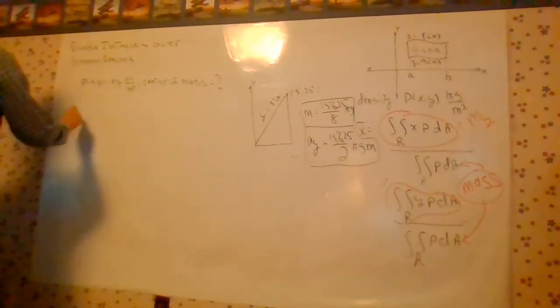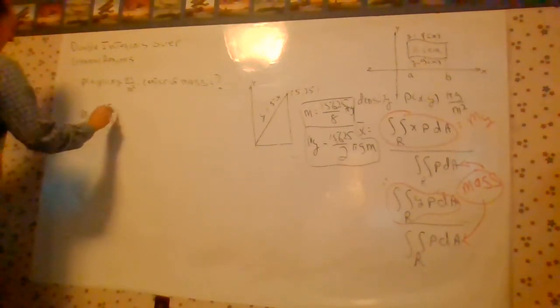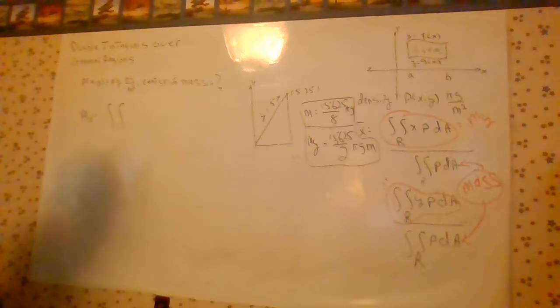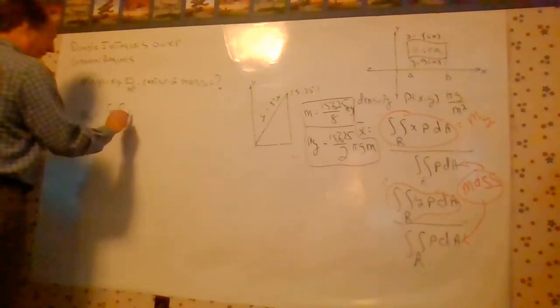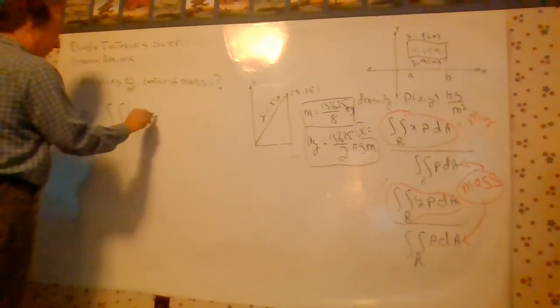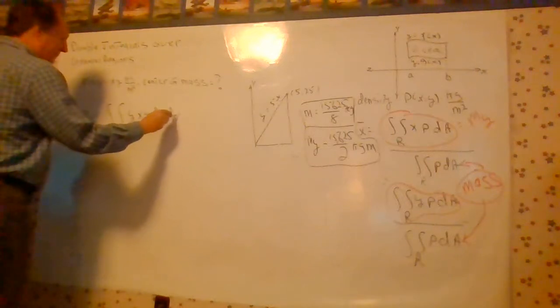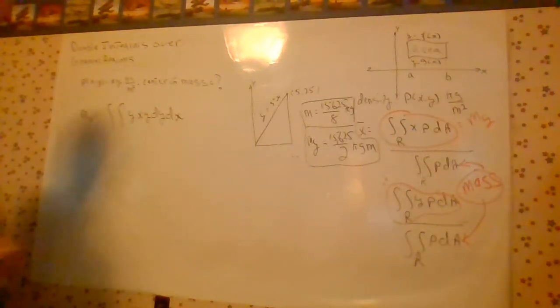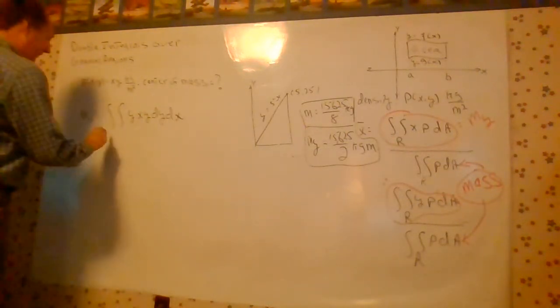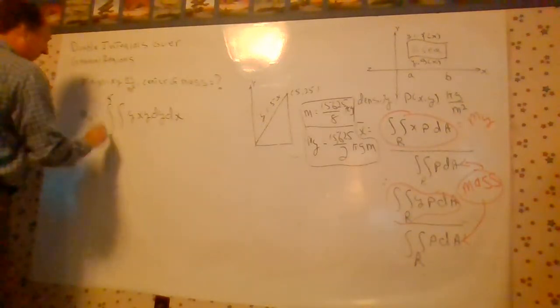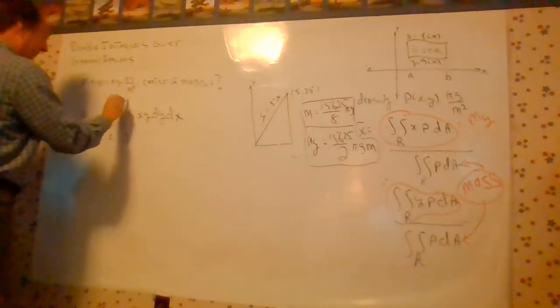And then let's calculate m sub x. We have to integrate y, xy, dy dx, and x goes from 0 to 5, y goes from 0 to 5x.